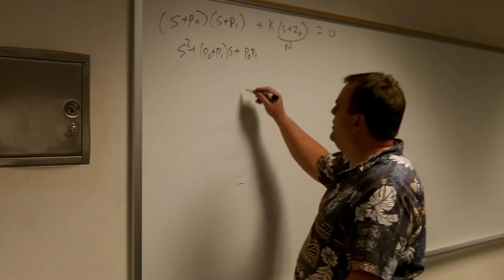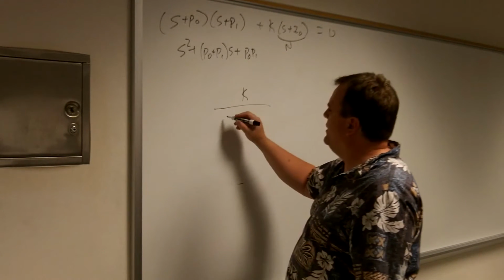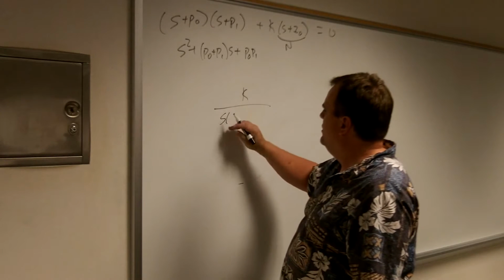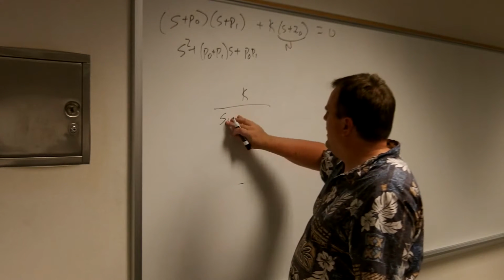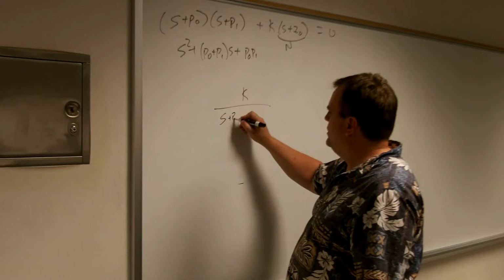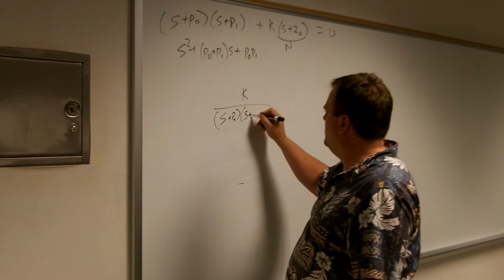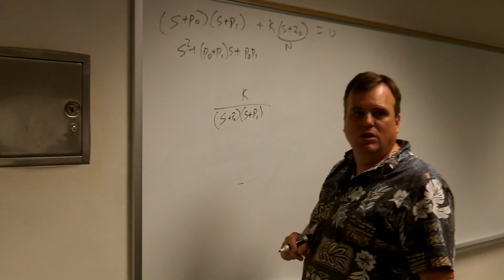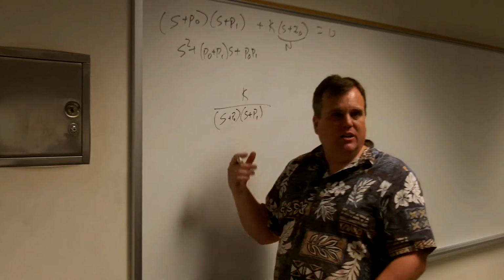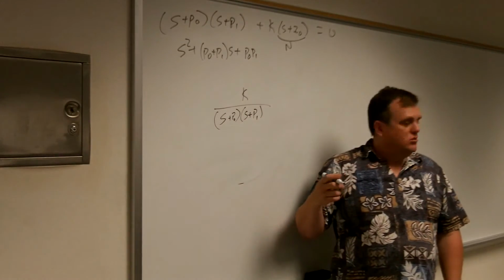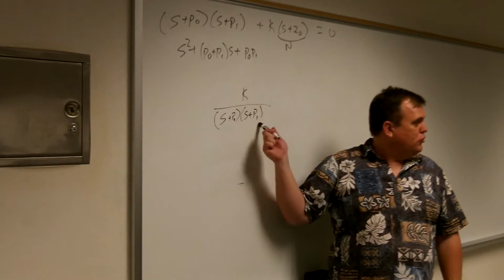What if I ended up having a transfer function that looked like this? Let's say S plus P0 times S plus, let's just do 2. What if I had that as my KGH? No zeros. I have 2 poles.